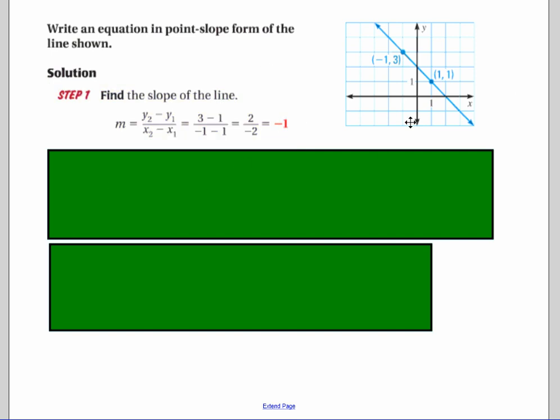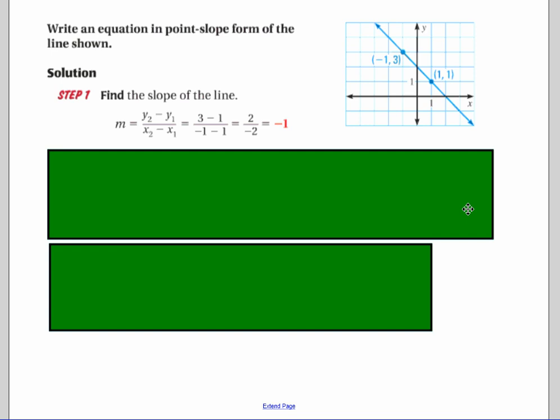Since I have a picture of the graph, I can just look at the graph and say, okay, I'm going down 1, 2, so -2, running 1, 2, +2, -2 over 2 equals -1. Or I can also plug my point information into my slope formula and also get -1. So right away I know my slope is -1.